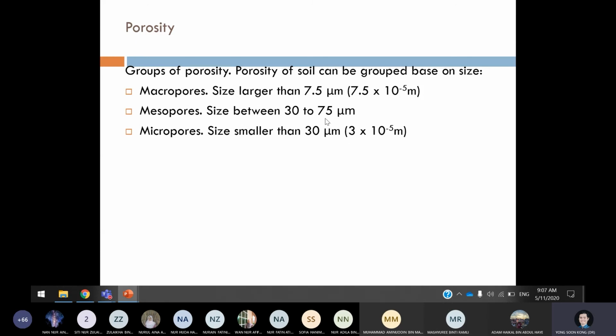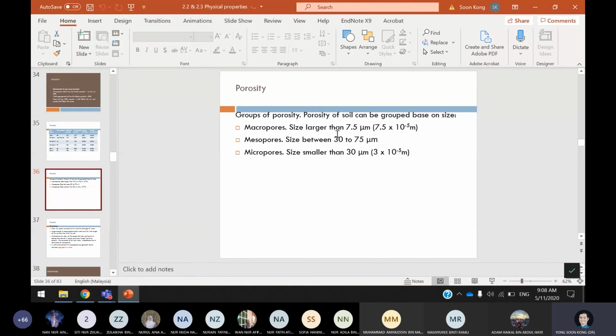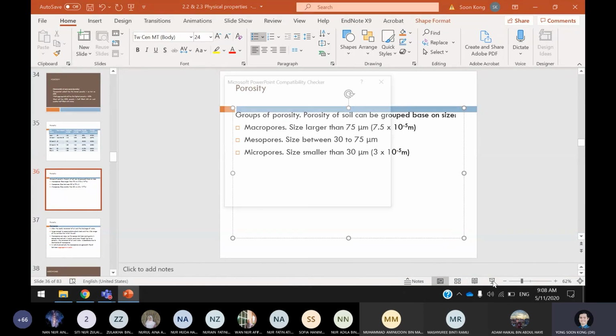By the way, if you look carefully, there is one correction that is required, which is macropore. Macropore is not 7.5, it's 75. So later on, maybe you can do some correction. And with that, I also want to do it immediately right here. So this is correct. If you have your slide, correct it yourself.